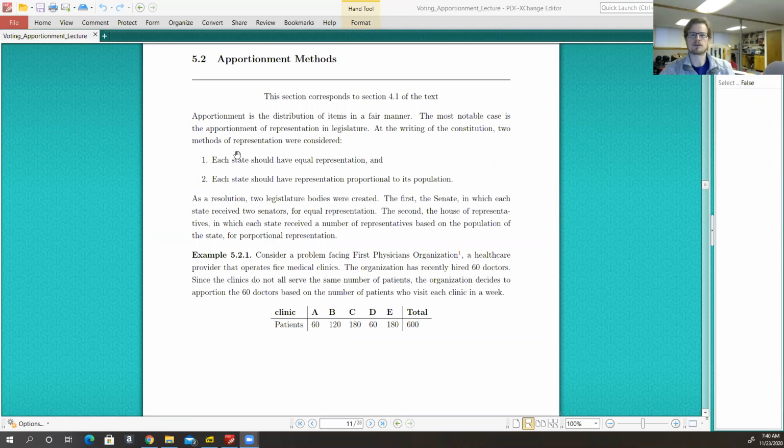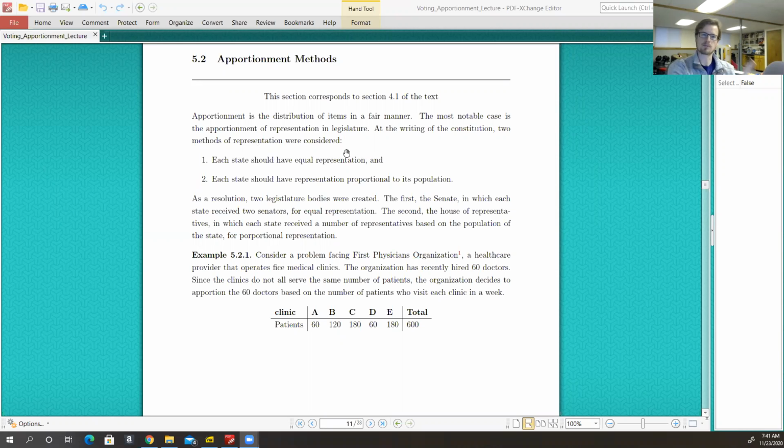When the Constitution was written, there were a couple of things that were considered. Each state should have equal representation. So each state has 2 seats in one of those, the Senate, so they have equal representation.